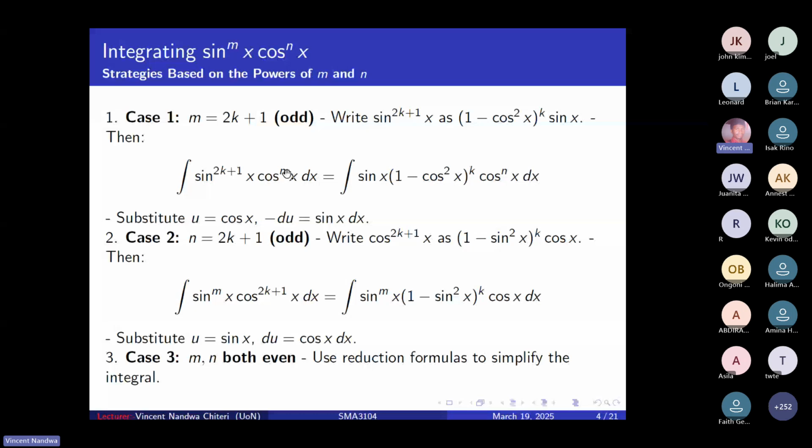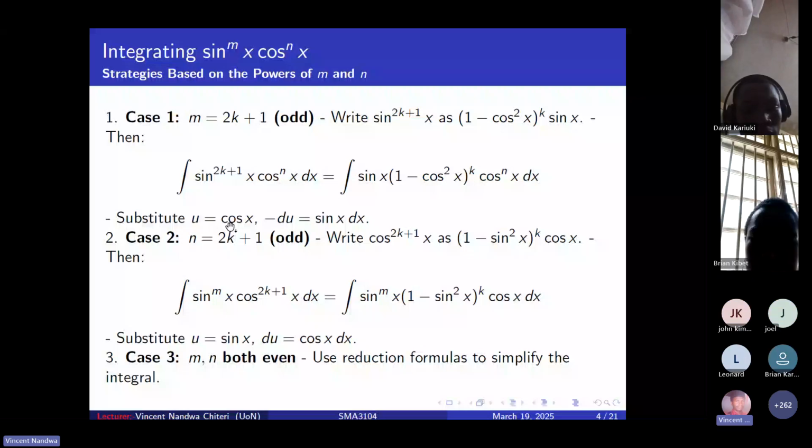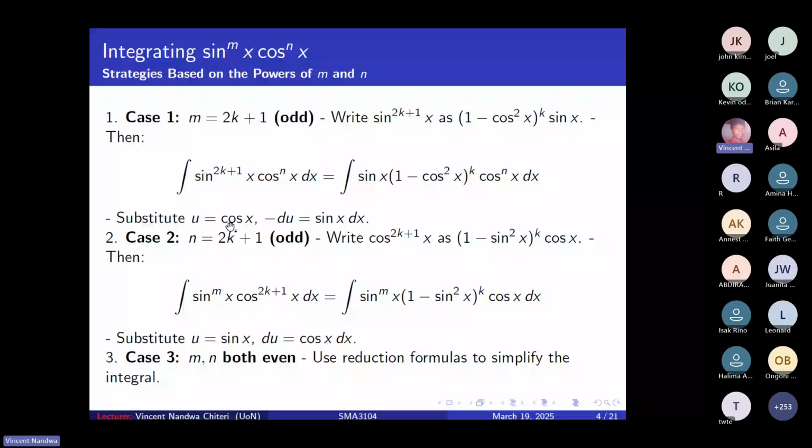What is inside this bracket from the identity cos squared plus sine squared equals 1 is what you fix as your u. And then from there, you do the usual process of integration by substitution. You will transform your integrand into a form involving only the variable u, where once we have done that transformation fully, the new integrand will be solved by using the power rule method.